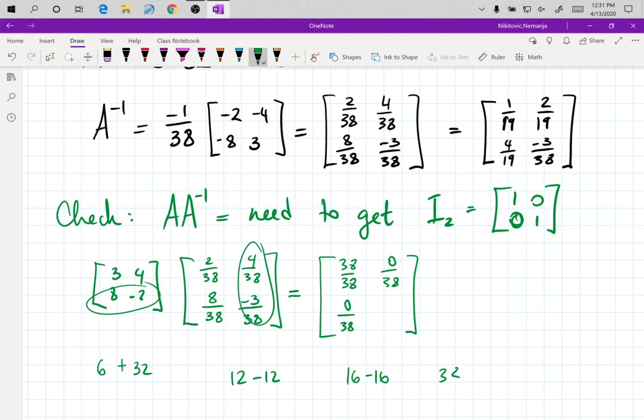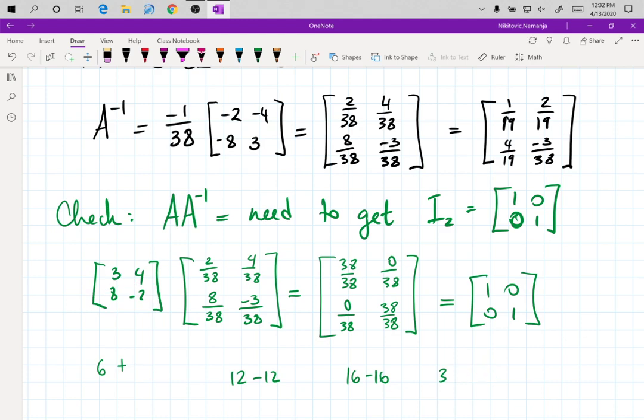Negative 2 times negative 3, well, it's wrong. Oh no, it's plus 6. I need 38. That's 38 over 38. Good. So 1, 0, 0, 1. Oh, it's good. I didn't see the negatives there, so my brain went full-blown panic. But it worked.